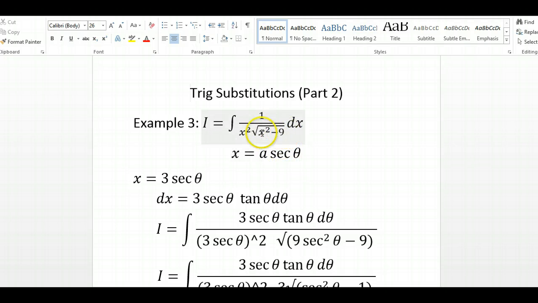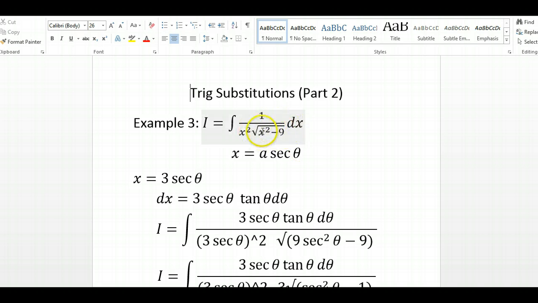If I had 9 minus x squared on the other hand, like we did before, we will require a sine substitution, a sine theta. And if you had x squared plus 9, then we would require a tangent substitution, a tangent theta.